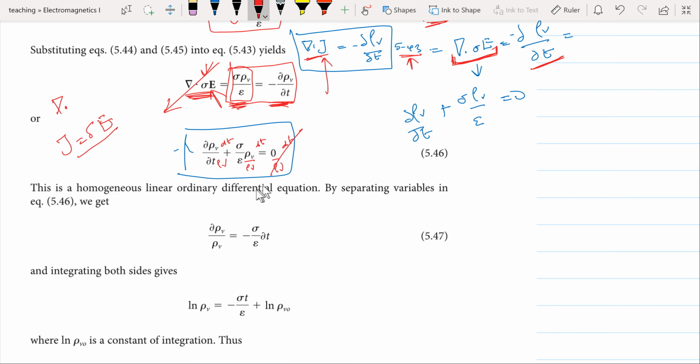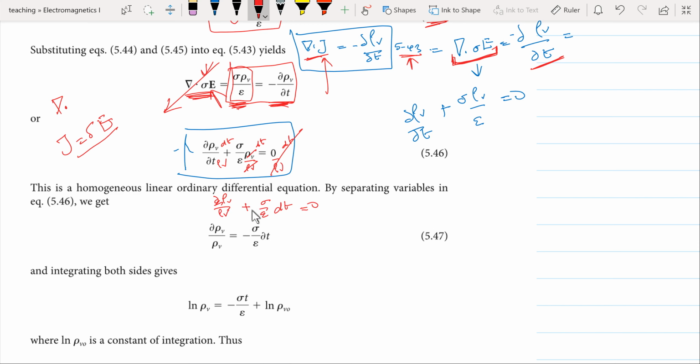On the right, we have 0, so we are left with d rho v over rho v plus sigma over epsilon dt equals 0.